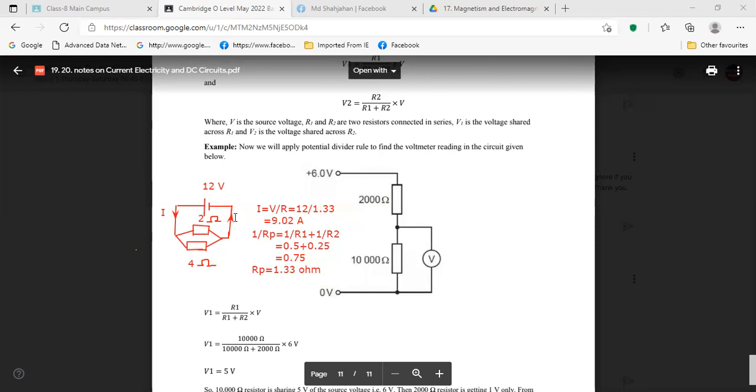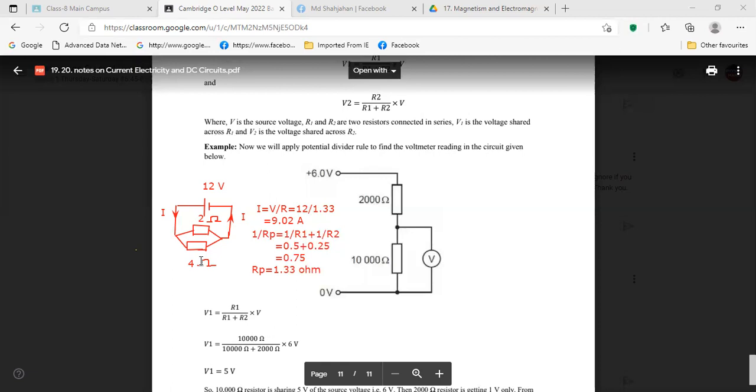I'm writing it as I, that's why I labeled it I. So left side and right side, before the branch and after the branch, we are having 9.02. When we are going to the branch, it will be divided. This 9.02 will be divided into two parts. One part will go up, another part will go down. Got it?